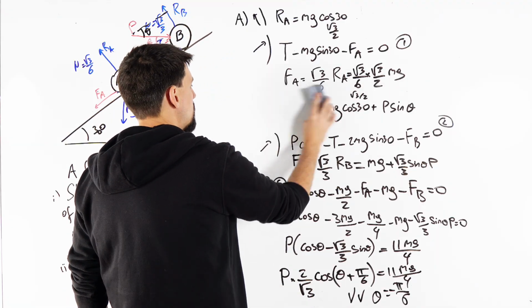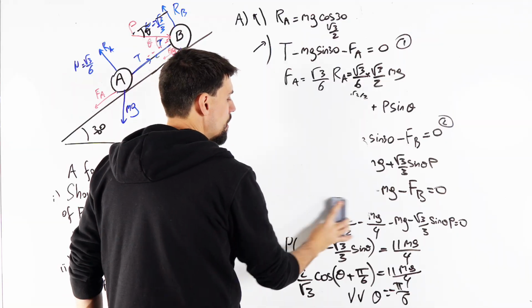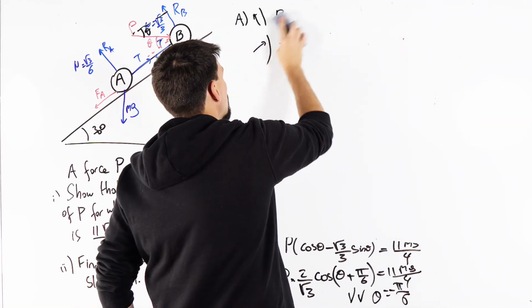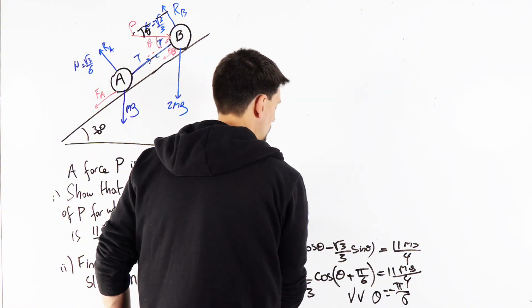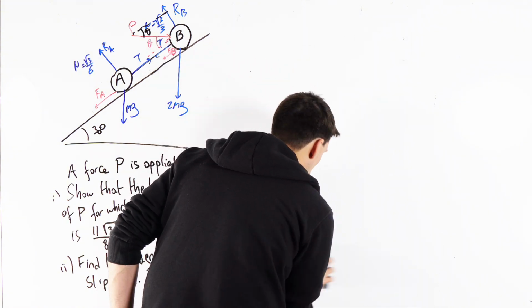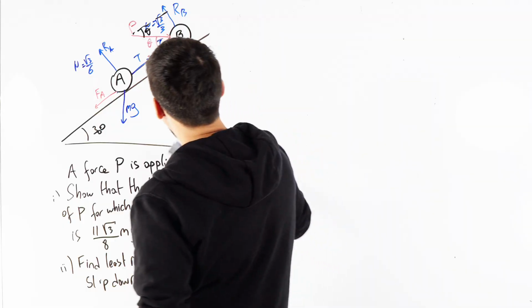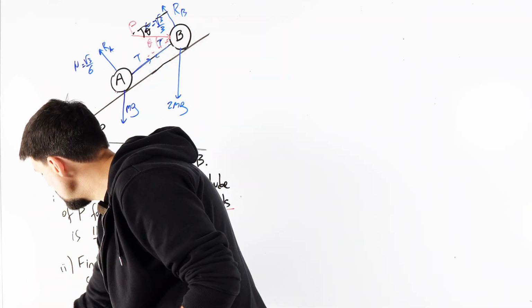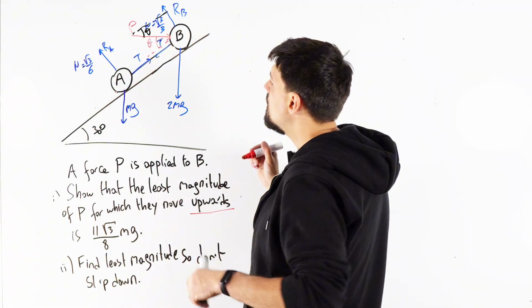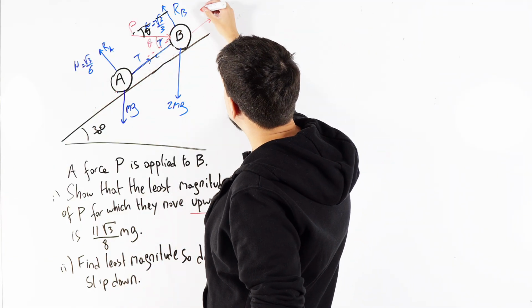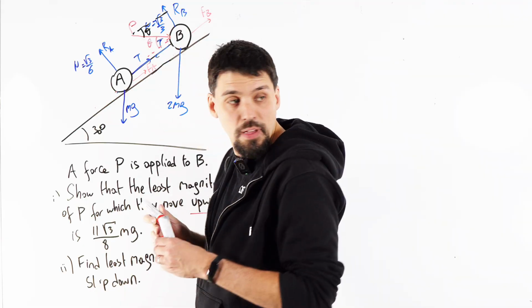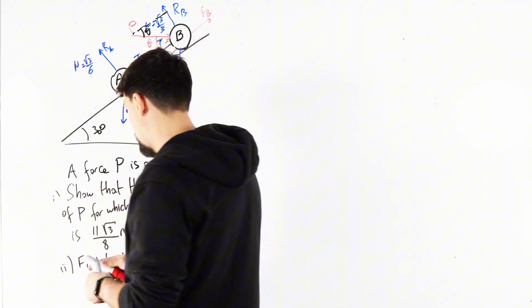I'm just going to go again from scratch. We've got an idea of what we're doing now, and we'll quickly see what's going on. We might even be able to do it all in one go. So really what's going on here is if we want it to not slip down, it wants to slip down. So now FB is going up this way, and FA is going up this way.